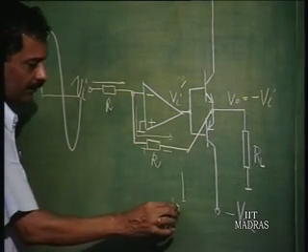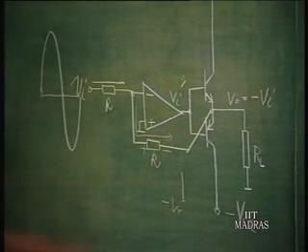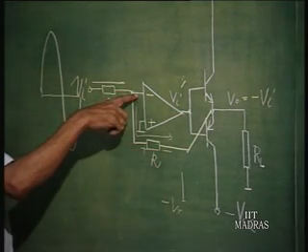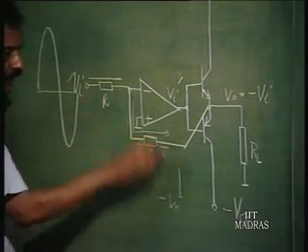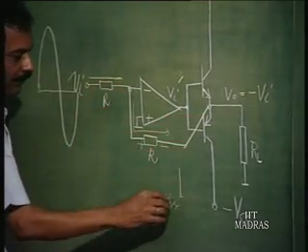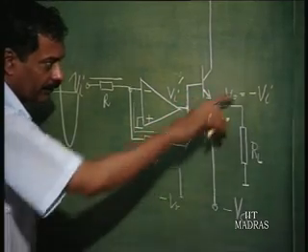While trying to go to negative saturation, this will jump, but the moment minus V gamma is reached, this transistor will start conducting, and once it conducts, it gives negative feedback, this is maintained at virtual ground, and therefore, this output will be automatically followed at the output of the stage, with the phase difference.